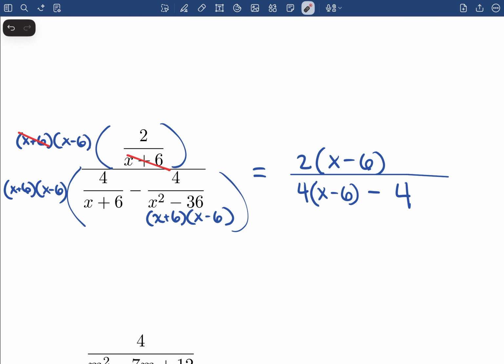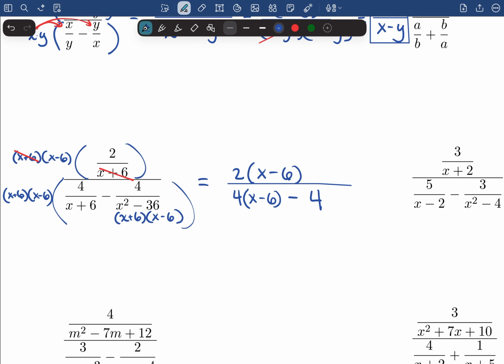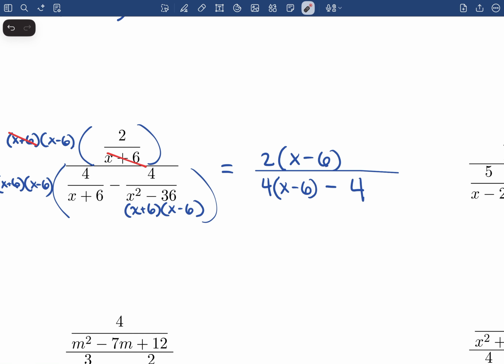Okay? So one at a time, these factors that we're multiplying as the LCD are canceling some of the things that we observe in these denominators, and that makes it really easy to write out the result. Okay, so there we have it. We've now turned this thing right here into just this stuff.